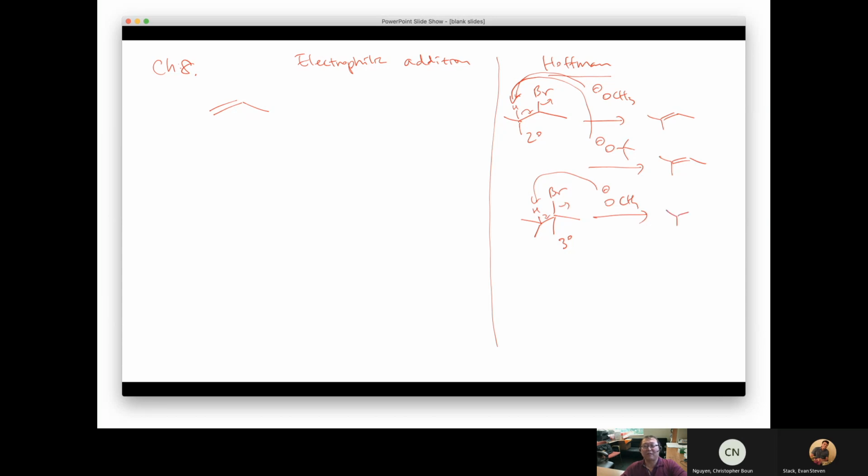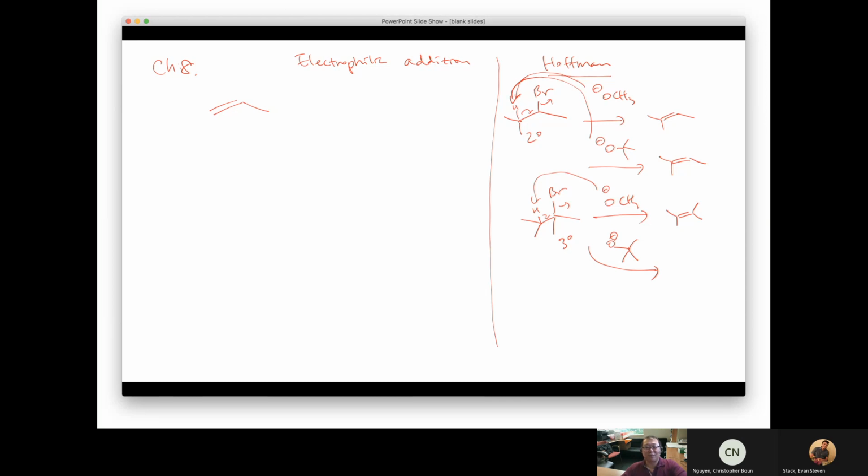We don't expect any Hoffman product with a small base. But if it's a crowded tertiary alkyl halide and you're using something like t-butoxide, those are just too many big bodies in the system.